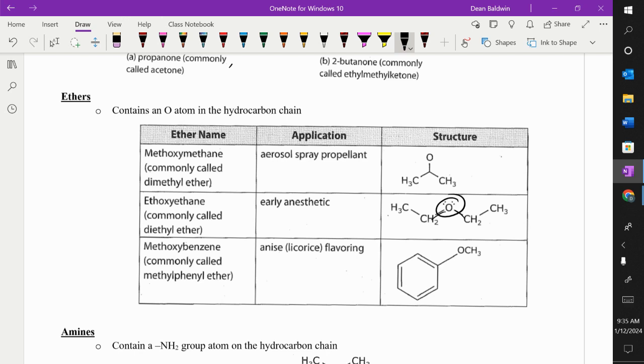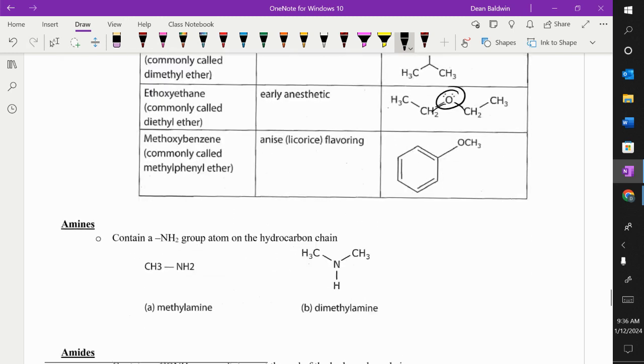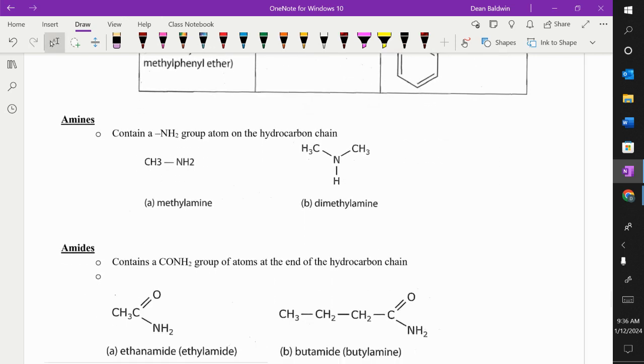Ethoxy because it's 2 carbons. Normally people would just say diethyl ether, which is an easier name to understand. All right. Amines. Amines just mean you have an NH group, NH2 or an NH, a nitrogen bonded in there.